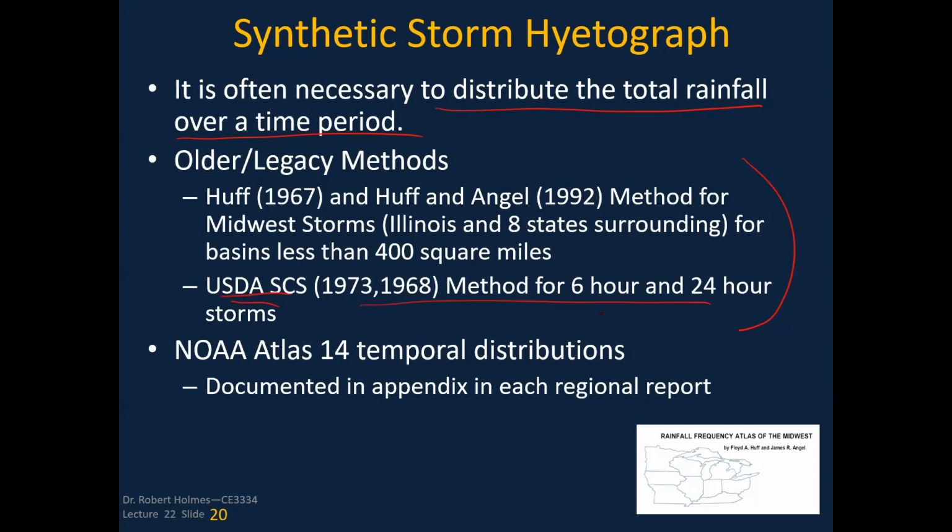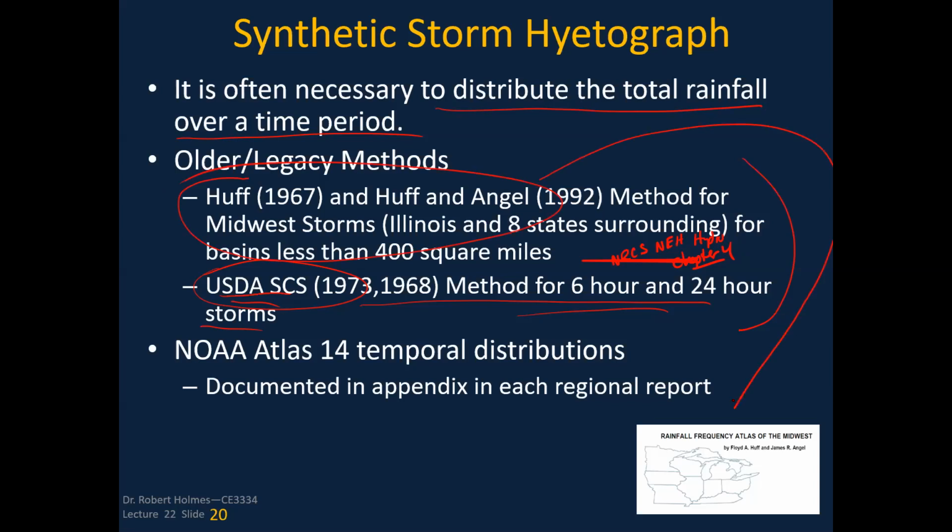But this method now references, in Canvas, the NRCS National Engineering Handbook on Hydrology, and you go to chapter 4, which we're going to talk about in a second, and you'll see that they've recommended that, for NOAA Atlas 14, that's for most of the country except for the Pacific Northwest. Now, the Huff and Angel method is still applicable.